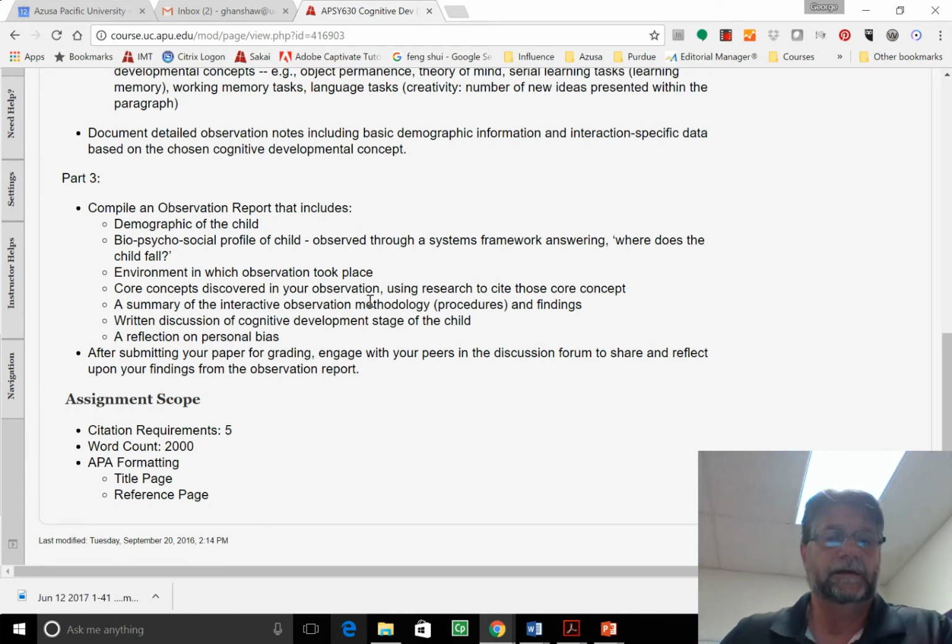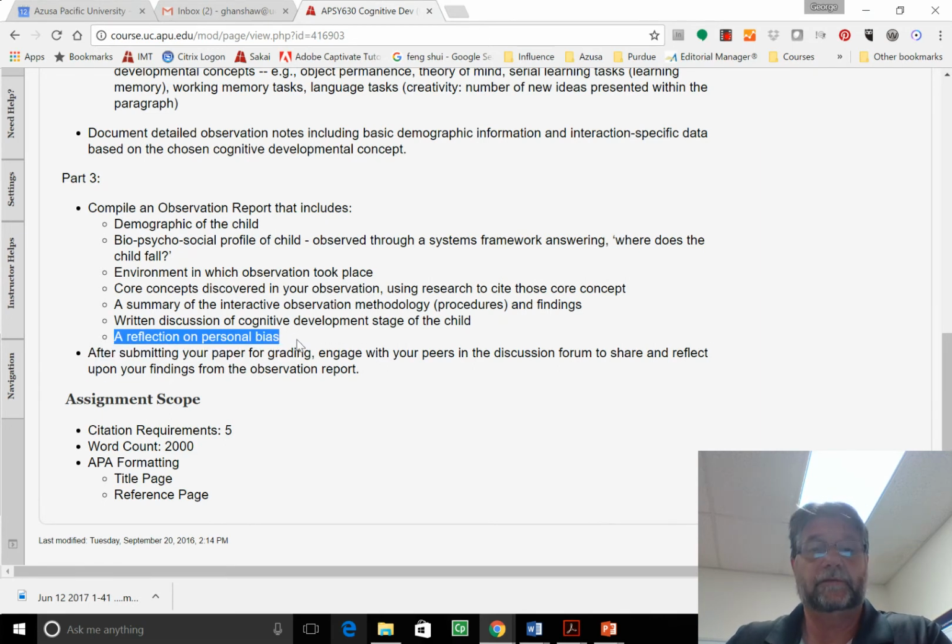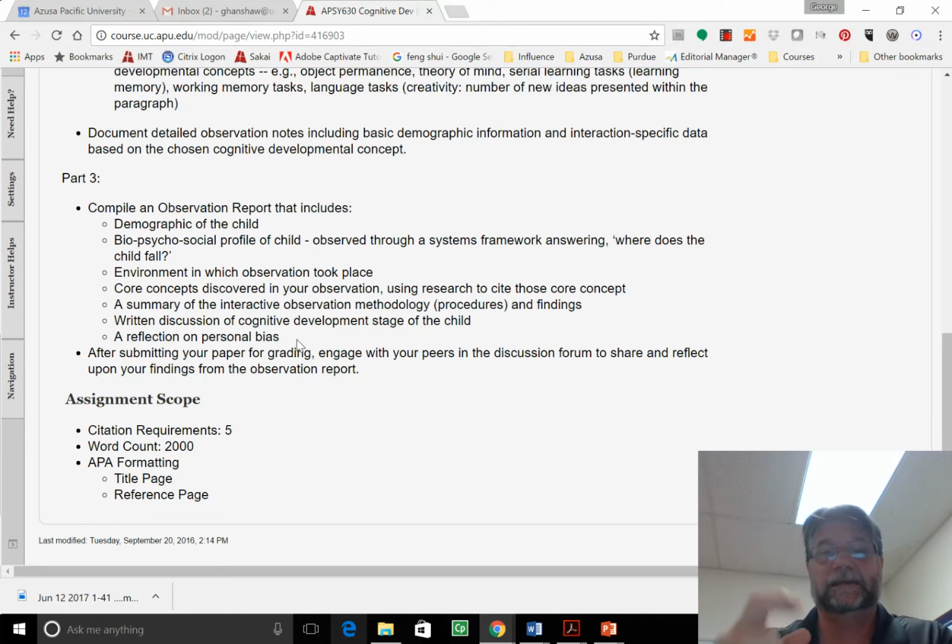And then a reflection on personal bias. We all have it, whether we want to tell ourselves we do or not. We all have a personal bias, because remember, we all have a schema, and a schema is our memories and experiences, and that's the filter that we see everything through. And our brain always wants us to know how smart it is, so it fills in any gaps.